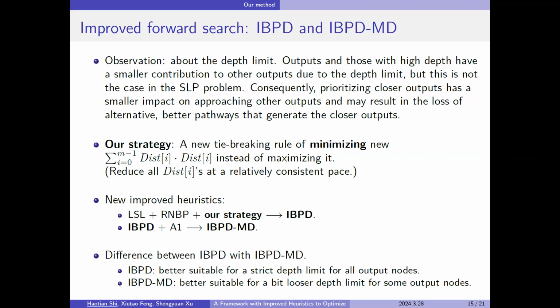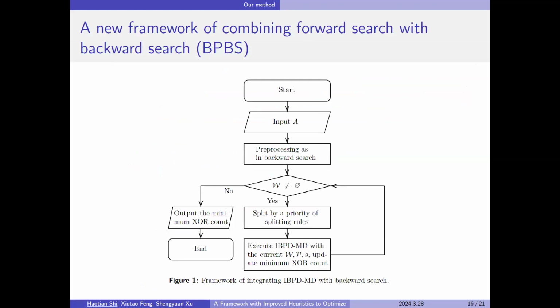The LSL algorithm plus RNBP strategy plus our strategy leads to the IBPT algorithm, and IBPT plus A1 strategy becomes the IBPT MD algorithm. The difference is that IBPT MD is better suited for a bit looser depth limit, since the A1 strategy prioritizes these output nodes.